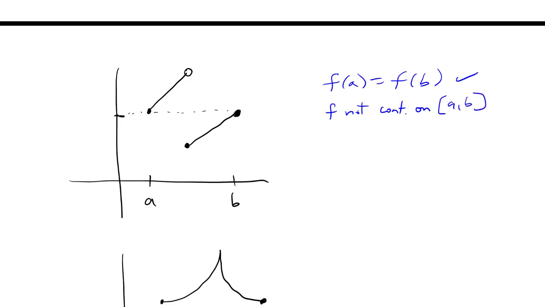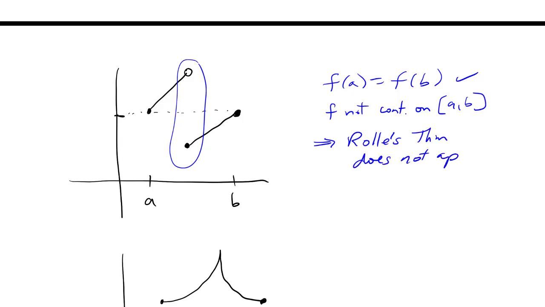We've obviously got this discontinuity here, hence the theorem can't say anything. As it turns out, there isn't any place where the derivative is 0, but there could have been. It's just that the theorem doesn't apply, so I would say Rolle's theorem does not apply. Can't make any guarantees.